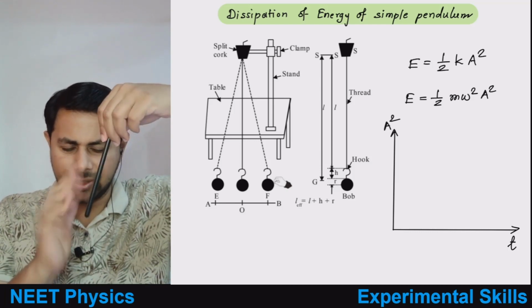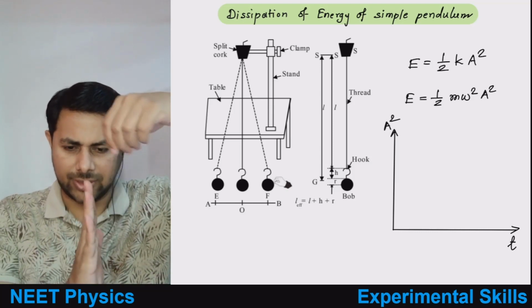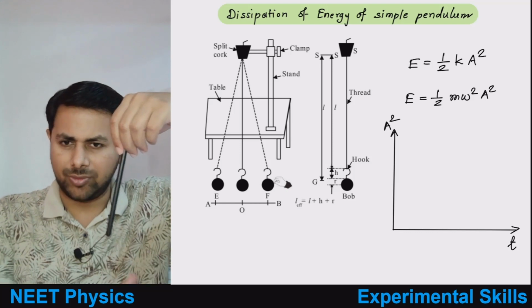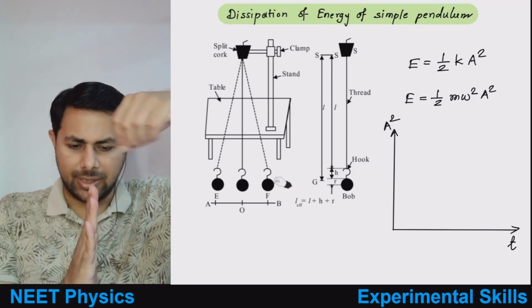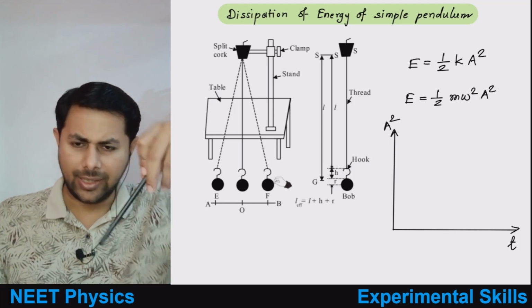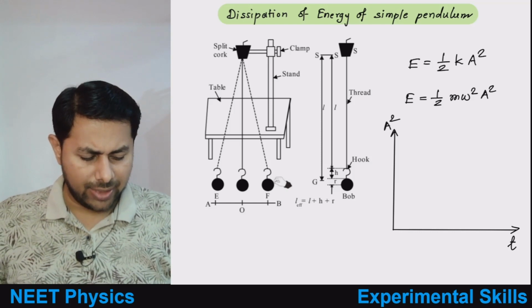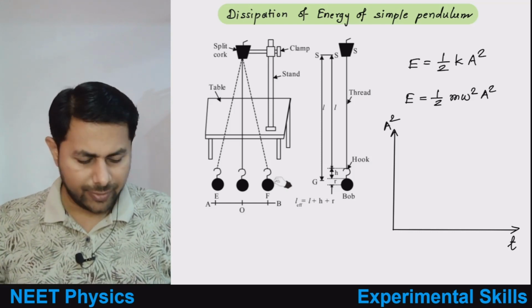In the first oscillation you will note down the time, and you will note down the amplitude. In the next oscillation again you will note down the time and the amplitude. Then in the next oscillation again you note down the time and the amplitude, and you will get several points. Then you will take the square of the amplitude and plot it against time.